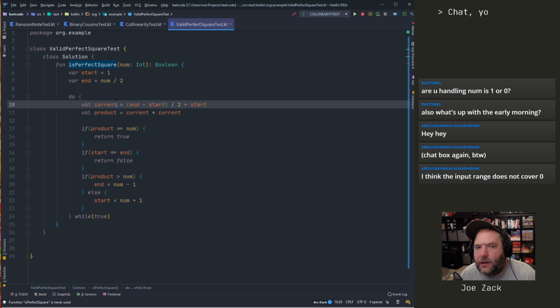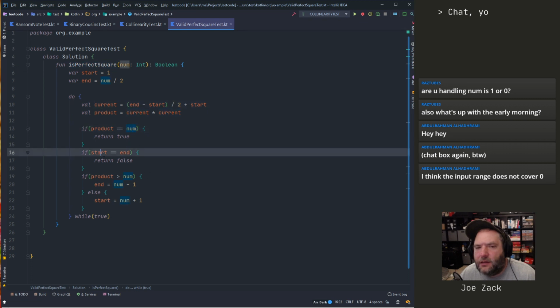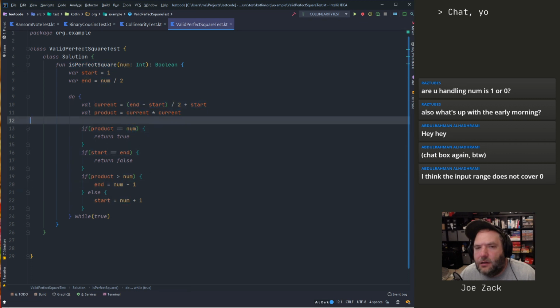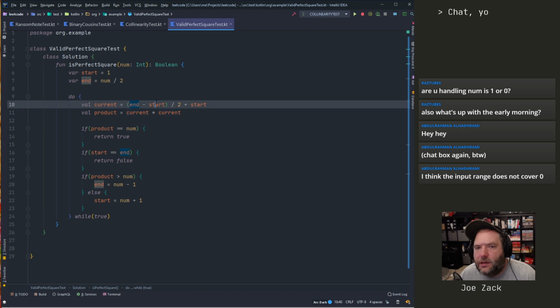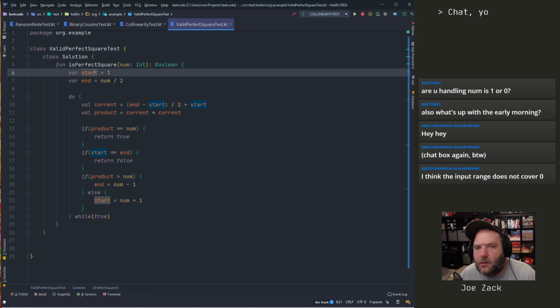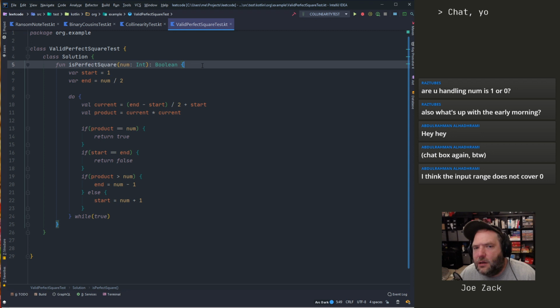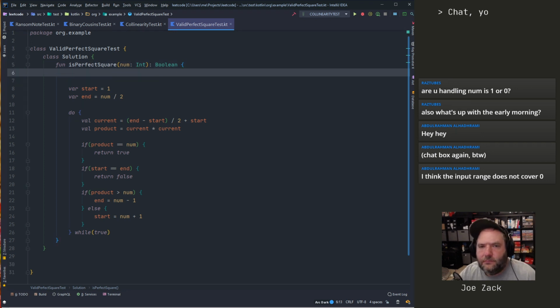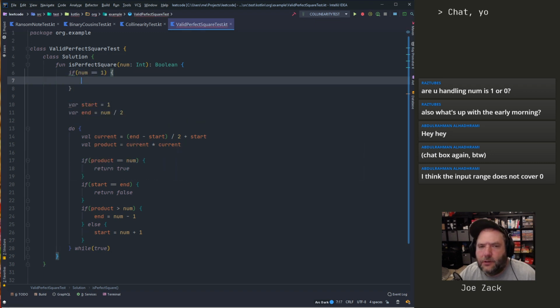So I wonder if I could do just something in here like end. What would happen here? 0 minus 1, negative. No, it's not going to work. I guess I could just check if num equals 1, and just return true.